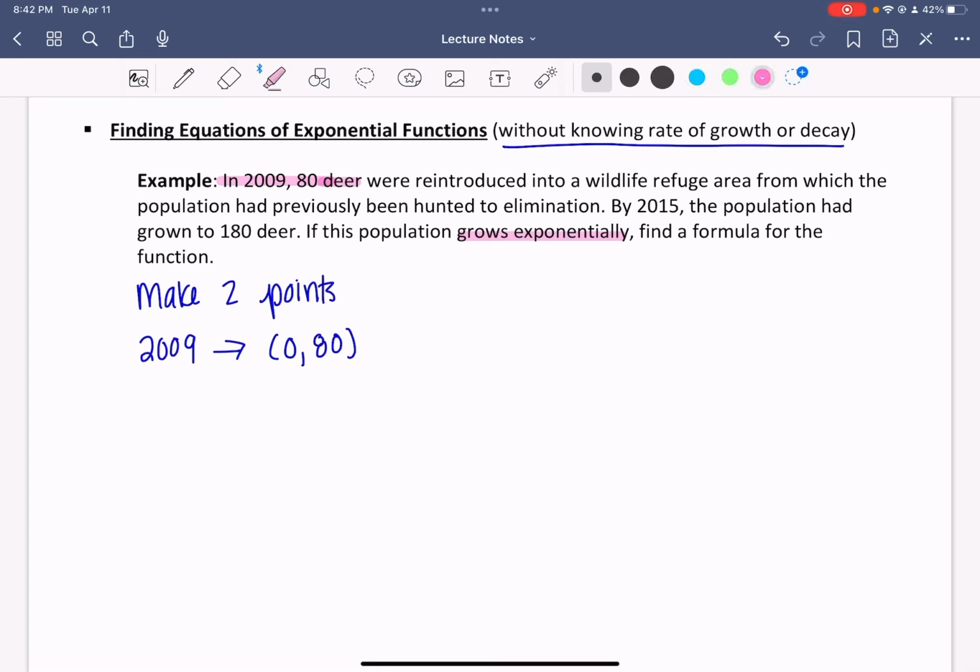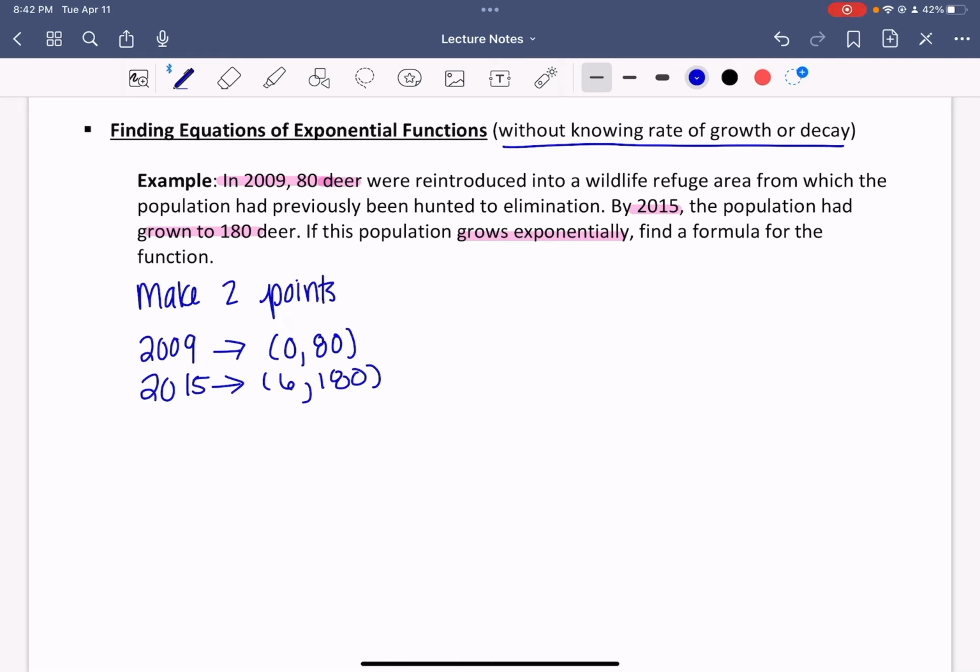And then I can see that it says in 2015, it has grown to 180 deer. So let's see, how many years has passed from 9 to 15? That's 6 years. And so we now have 180 deer. And so what I'm going to do is I'm going to take those 2 points and I'm going to use that information to help me to figure out the rest of the pieces to this puzzle.